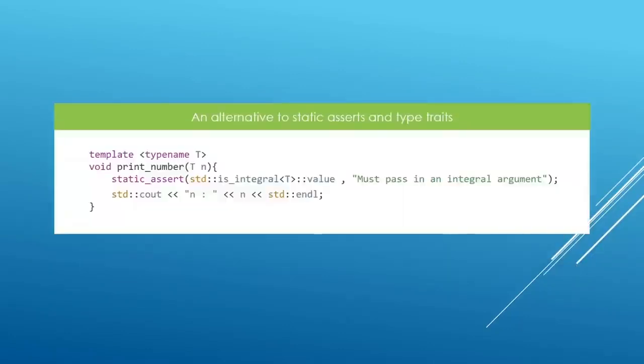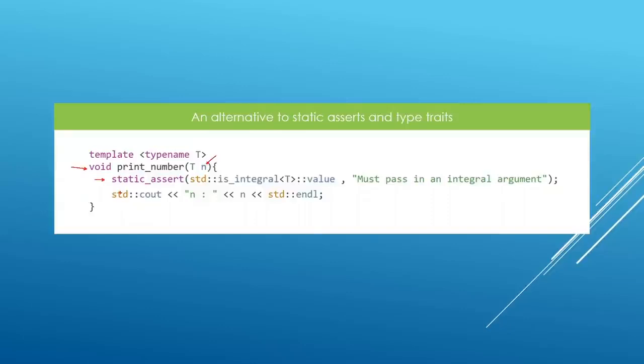We have just said that we use them to place constraints on our template parameters, but we saw that we could do something like that in the last chapter where we could use type traits and static asserts. For example, if you look at the function here, it's going to print a number, but we have a requirement for this number to be an integral type through the static assert that we have here.